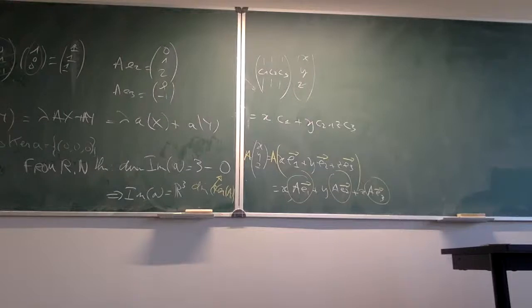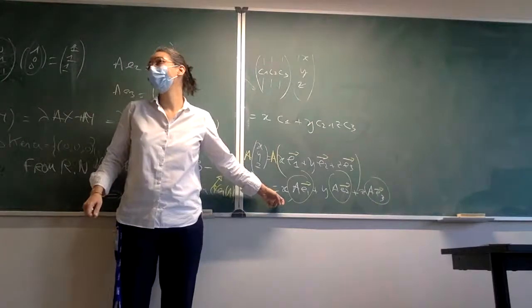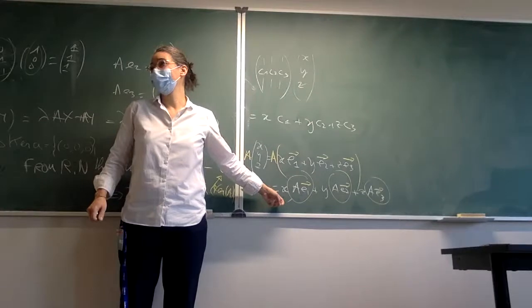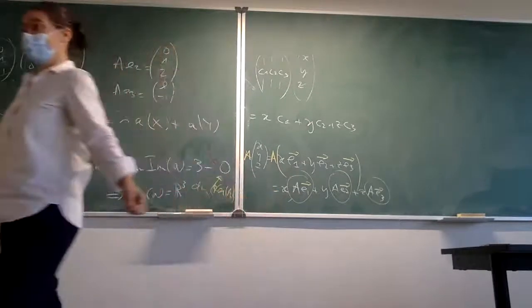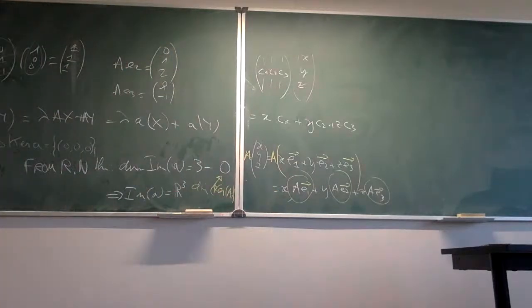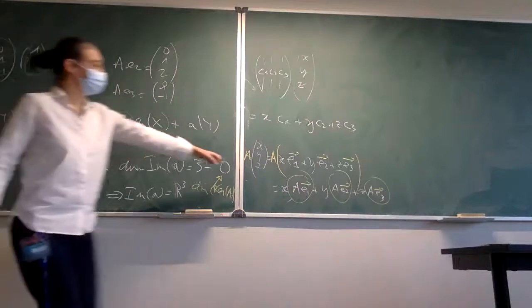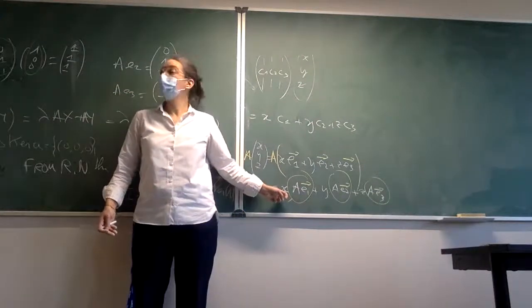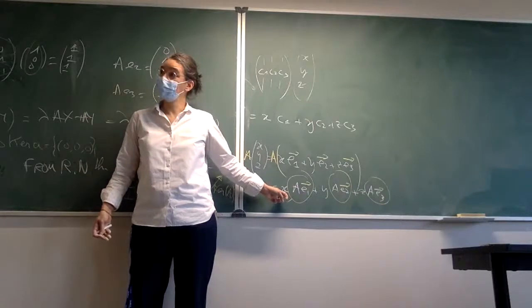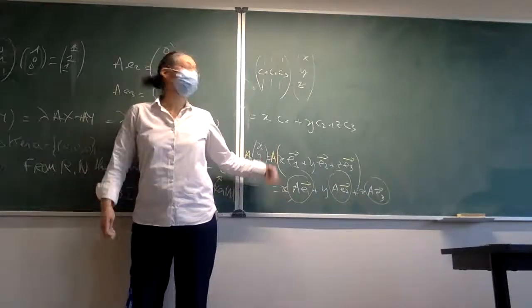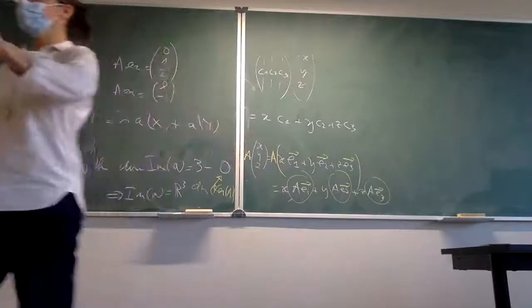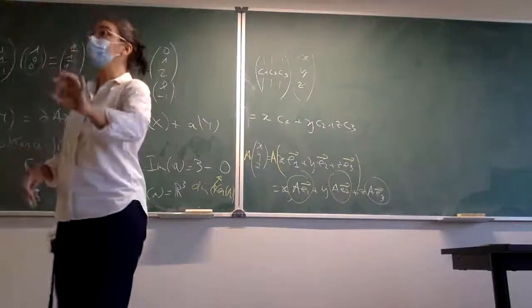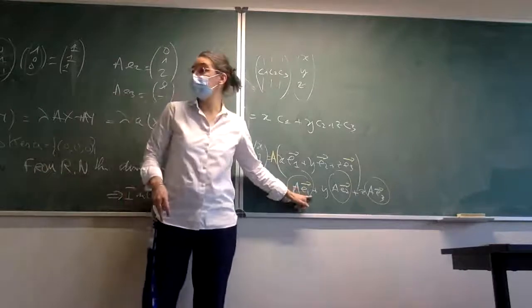Is the image the span of every column of A? Yes. Why? Because of this. The image is everything you get, and everything you get can be written by this relation. In general, the image is defined by all the linear combinations of images of a basis.